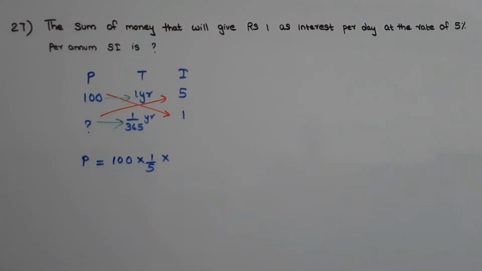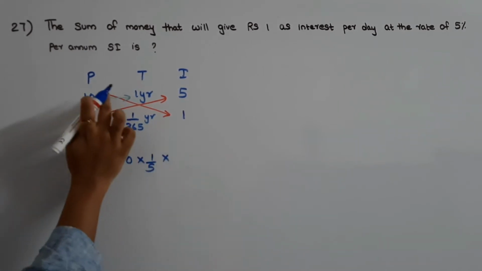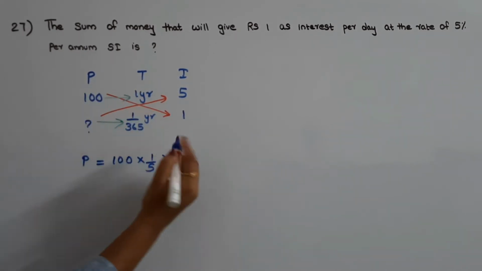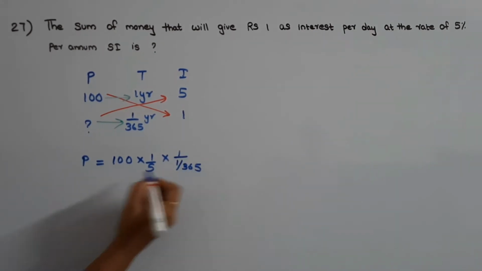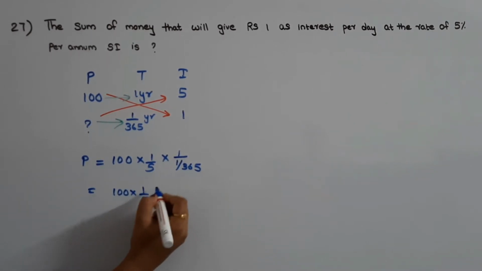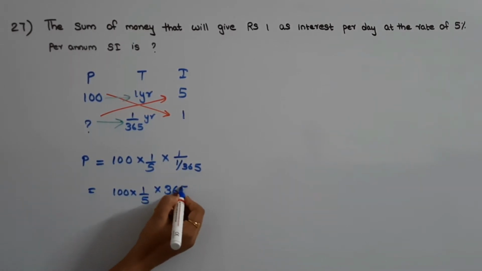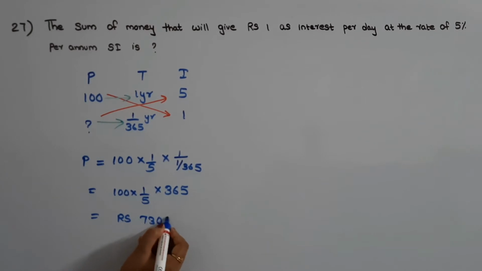That is into this 1 by 365. That will be equal to 100 into 1 by 5 into 365. So the answer will be equal to rupees 7,300.